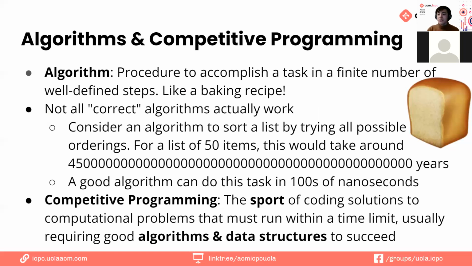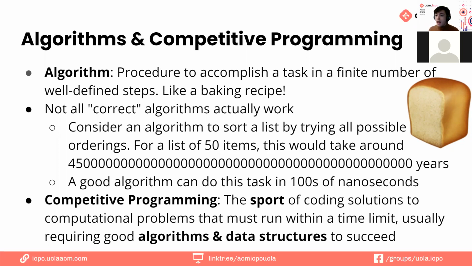You need to tell them, go to this location in the pantry and remove exactly this quantity of flour, and so on. Similarly, an algorithm is a procedure for accomplishing a task, which you may be able to describe easily in English, like take in a list of numbers and output that list sorted from smallest to largest, but which you then need to figure out how to get this extremely fast, extremely dumb computer to do quickly.